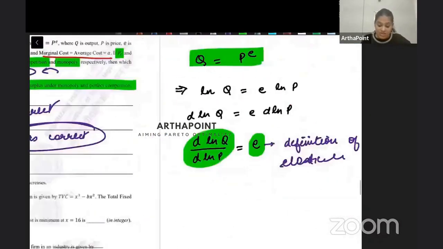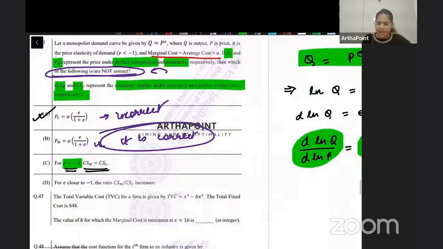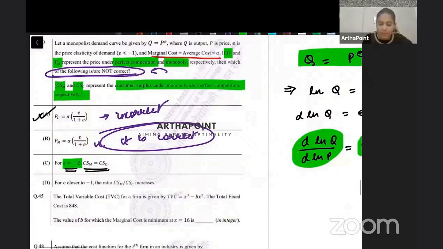Now the question is asking what happens when elasticity is -2? Are the two consumer surpluses equal or not? So let me put -2 here. Let us go back here and put -2 in this. If I put -2 here, what is going to happen? Let's check. So I'm going to have this as alpha -2.